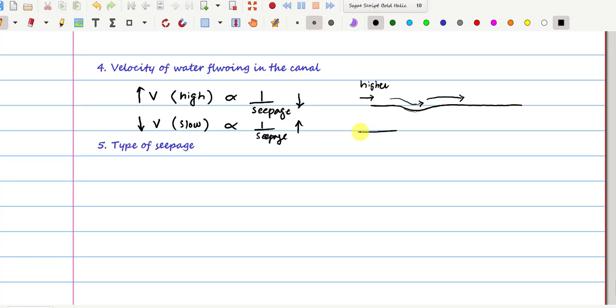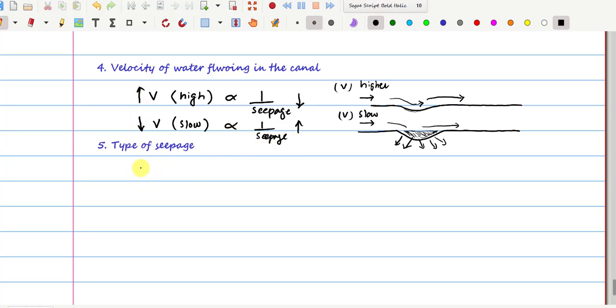But in case of slow velocity, obviously water will stay here for longer time, right? So if it stays longer time, that means there are chances of seepage. Seepage chances will increase in case of slow flowing of water. Got it? So that's the reason we are saying that if the velocity is high, then seepage will become less. If velocity is slow, then seepage will increase.